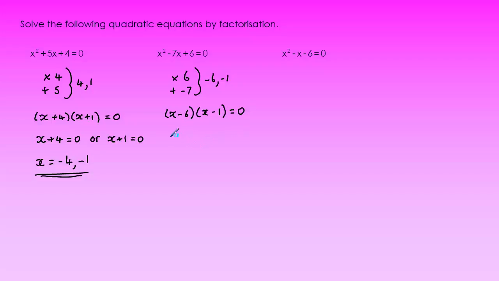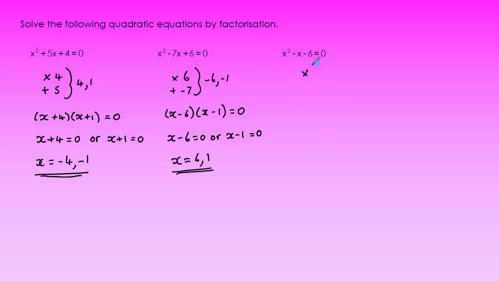Using the null factor law, that means that x minus 6 is equal to 0, or x minus 1 is equal to 0. We need to make this bracket 0 or this bracket 0. So this one gives me that x is 6. This one gives me x is 1.